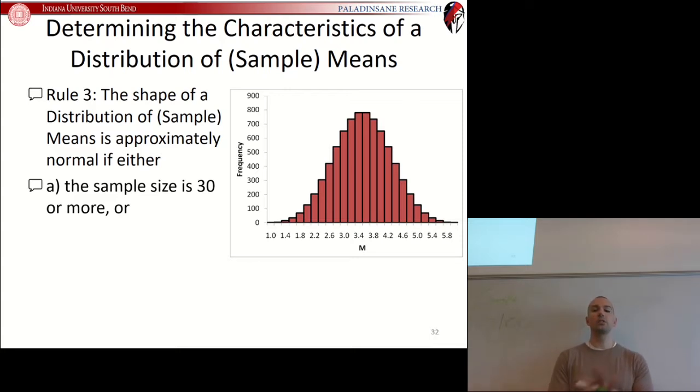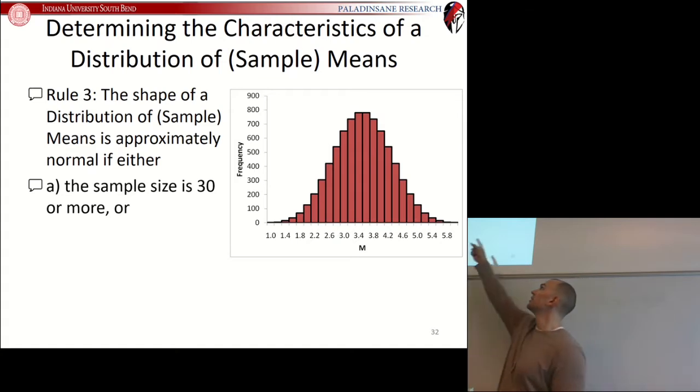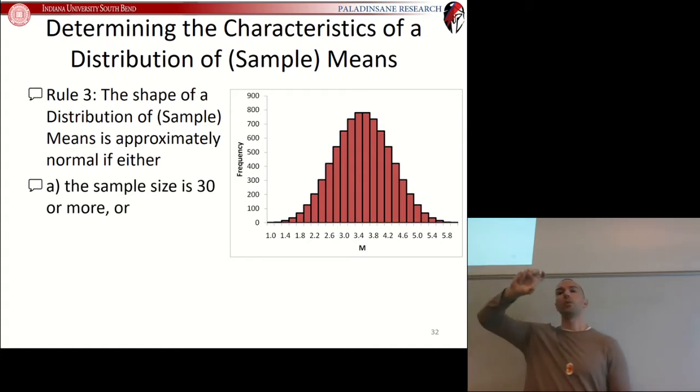So regardless of what the shape of your population is, as long as you've got 30 subjects in your sample, your distribution of sample means is a normal distribution. Remember this was just a sample size of 5, but once you get to that sample size of 30, then regardless of what your population looks like, you're dealing with a normal distribution for your distribution of sample means.